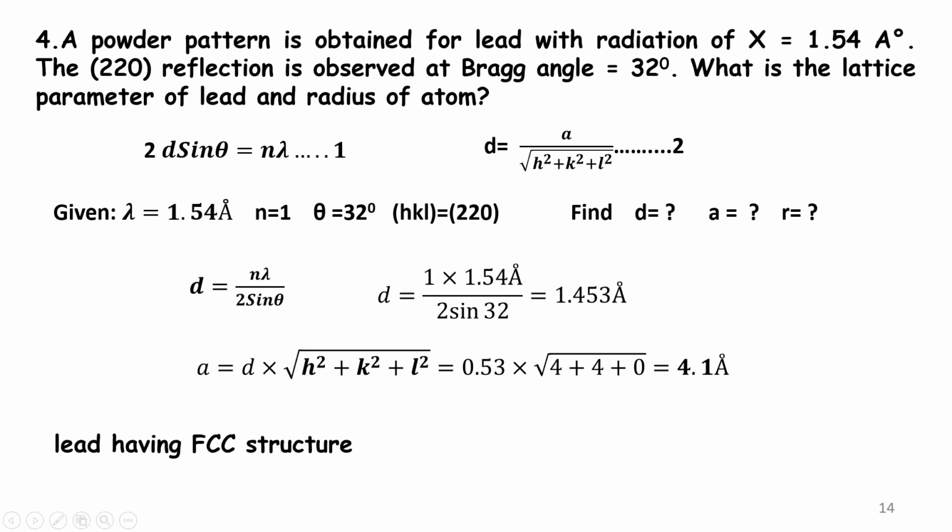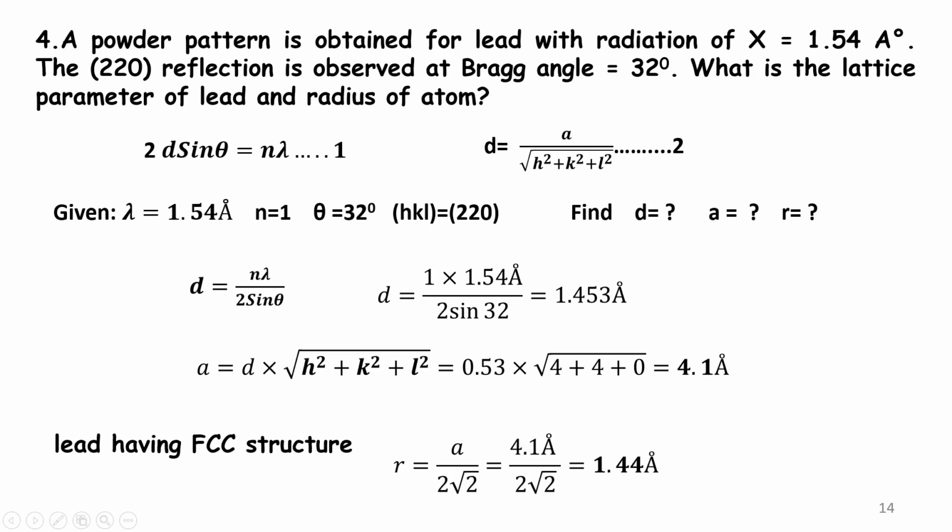Now by using the formula of the interplanar spacing, we can determine the value of the lattice parameter a, and a is equal to d into under root h square plus k square plus l square. By substituting these values of d and hkl, we get the lattice parameter a is equal to 4.1 angstrom unit.